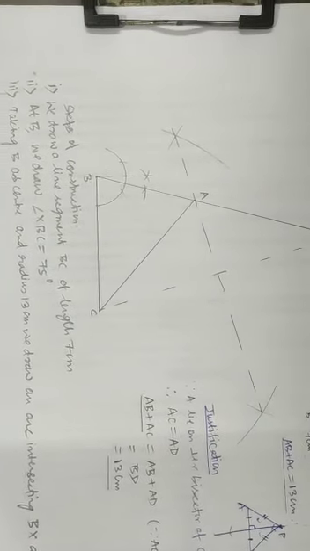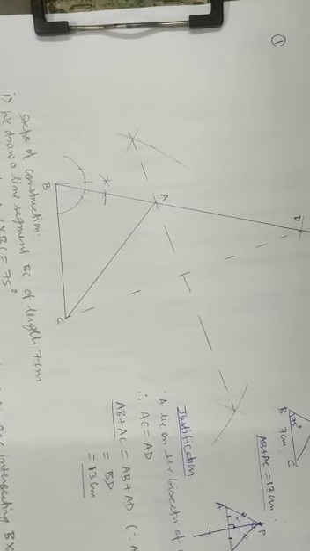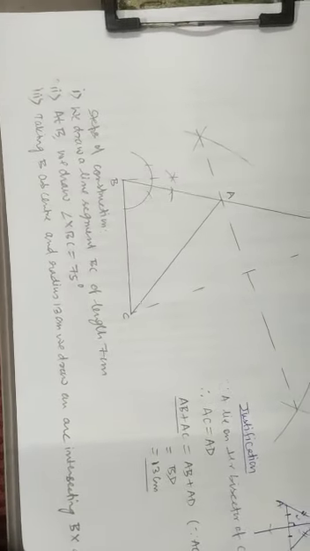Then after that you have gone for the perpendicular bisector of CD. So then you will write here in the fourth step, that we draw the perpendicular bisector of CD intersecting BD at A, and then at last, we join AC.